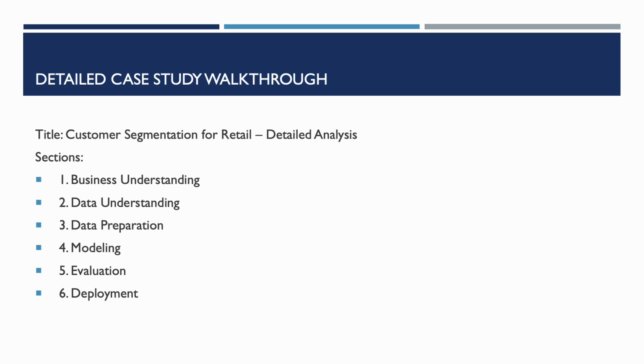This could involve implementing the segmentation in marketing campaigns or incorporating the insights into decision-making processes. So this structured walkthrough ensures that the case study is tackled methodically, leading to actionable insights that align with business objectives.